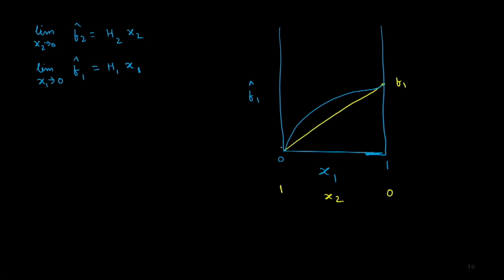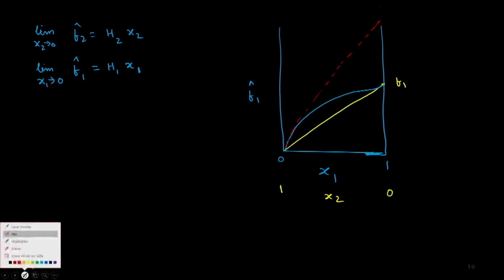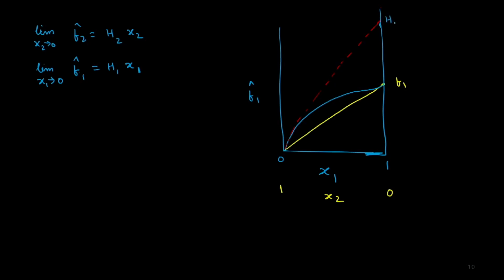So that is the slope of this line for f1 hat at the 0 composition. If I draw the slope here, that slope will meet the line x equal to 1 at h1. This h1 is called the Henry's constant.